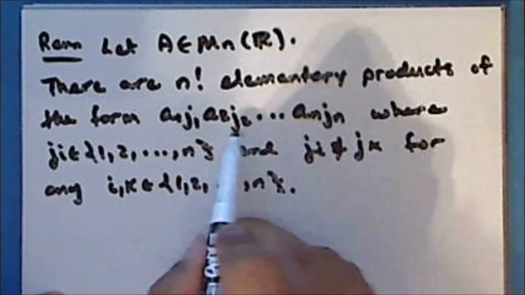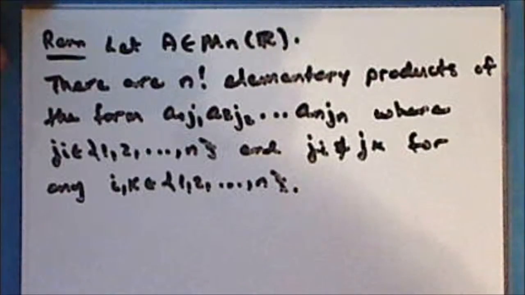Now notice in this form that the ith factor comes from the ith row of the matrix A.